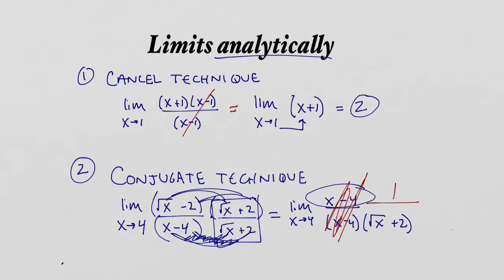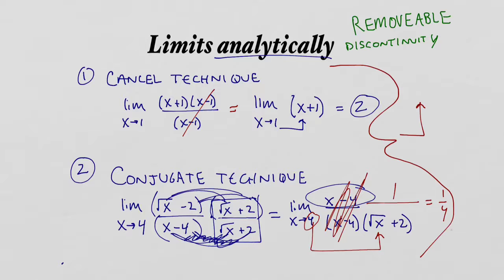So in this example, when we plug 4 in now, we've resolved our problem on the denominator, and we get 1 over the square root of 4 plus 2, which is equal to 1/4. The point that I want to make here is that both of these techniques allow us to deal with a removable discontinuity.